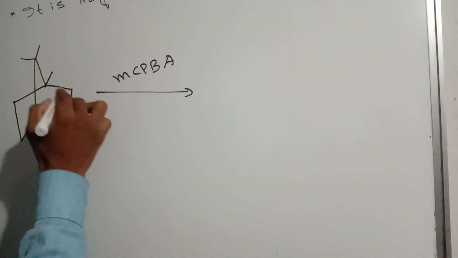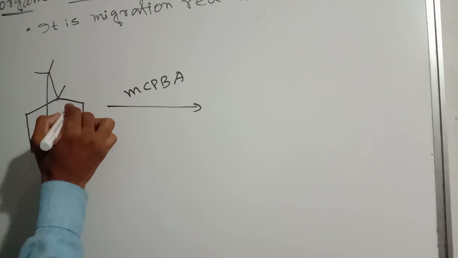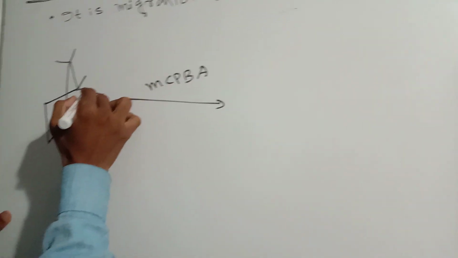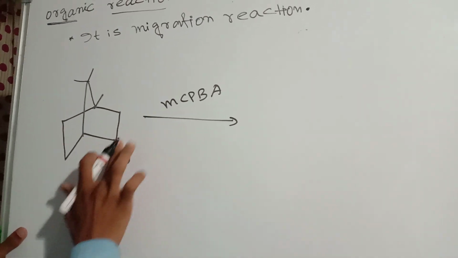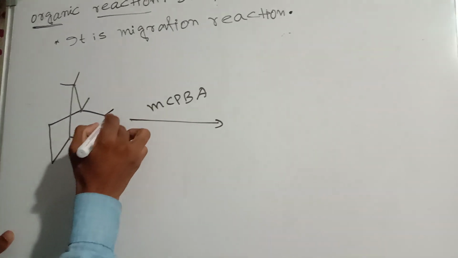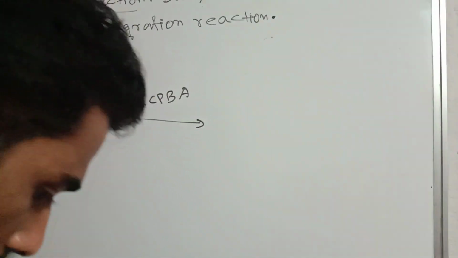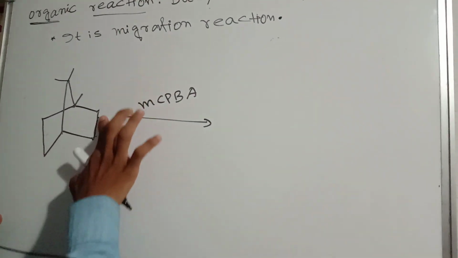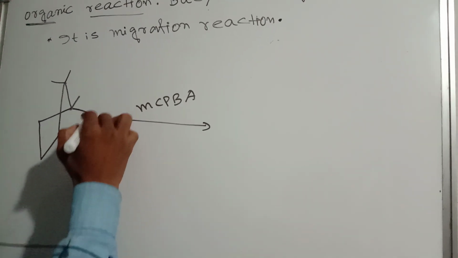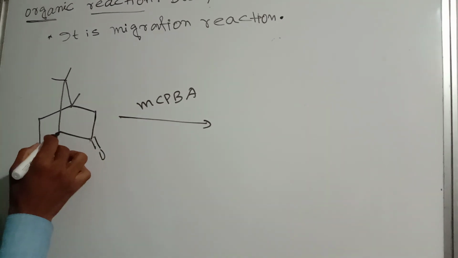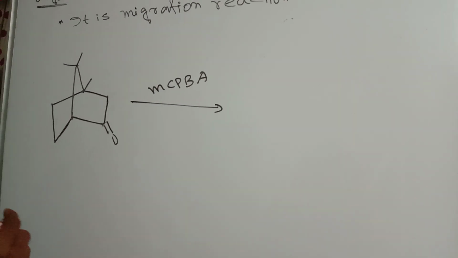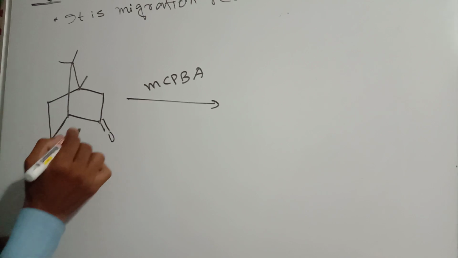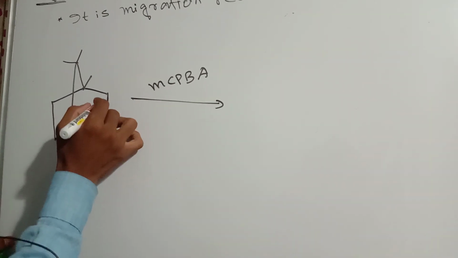Actually this carbon is tertiary and this is primary, and hence the oxygen must be inserted accordingly. This carbon is primary and this carbon is secondary, and hence ultimately the oxygen should be here, but actually the oxygen insertion occurs here.